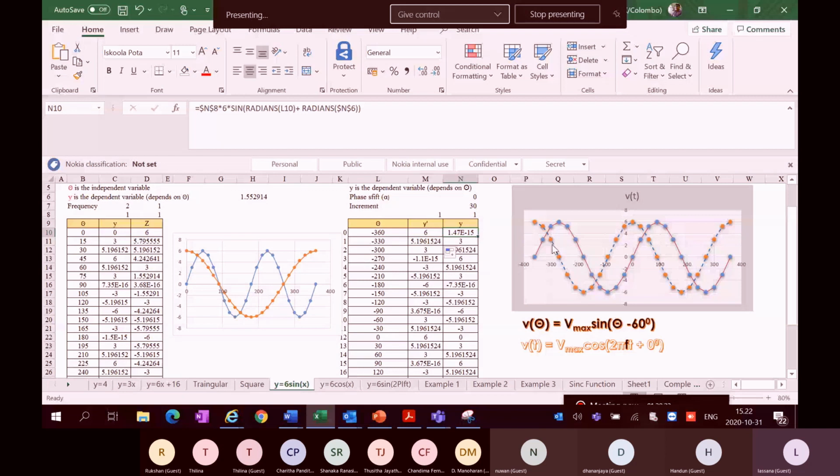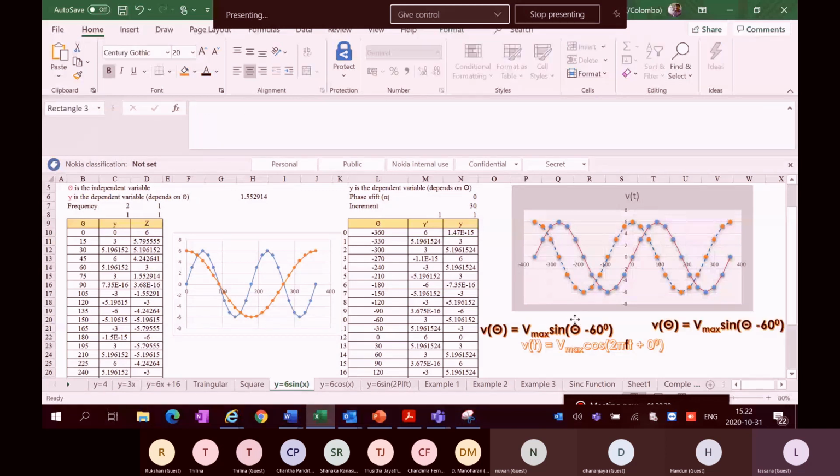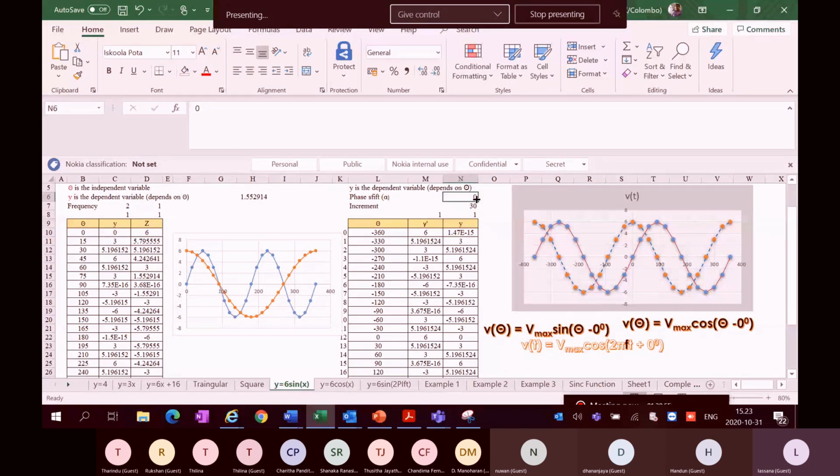Both have 0 degree phase angle at this stage, because here the phase angle is 0. I don't have a phase angle in my equation. Therefore, this cos graph, the dotted graph, has a 0 phase angle. This sine graph, the straight line graph, its phase angle is 0. Therefore, both graphs have 0 phase angle.